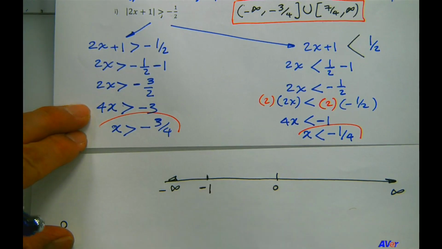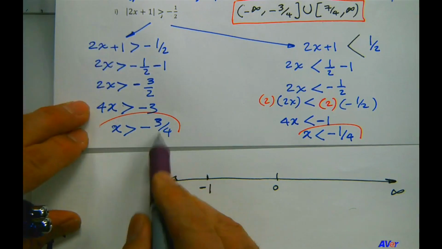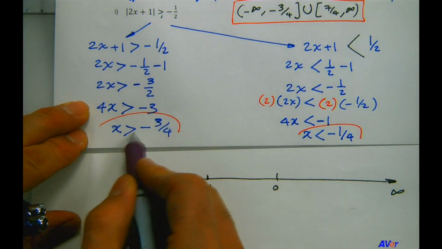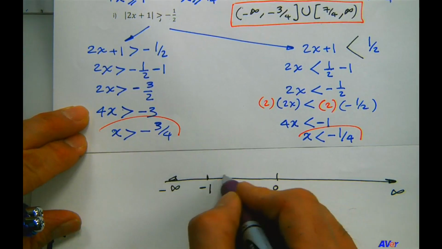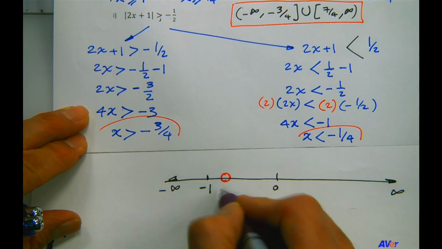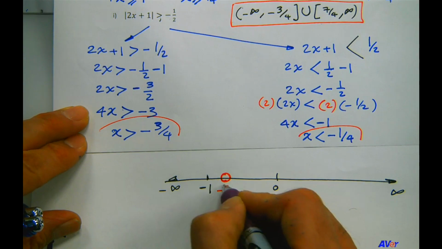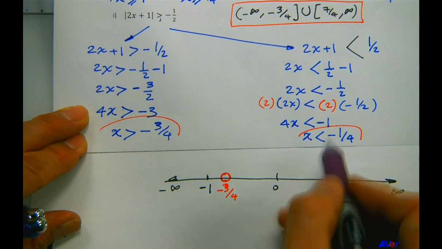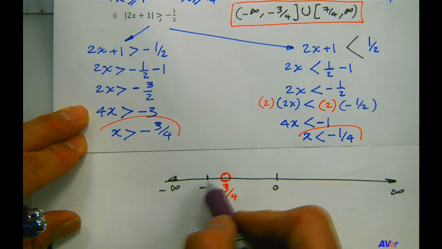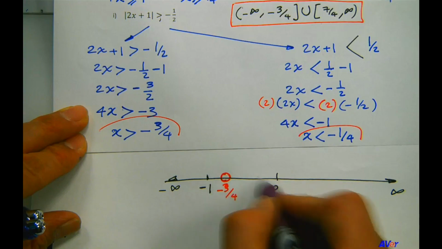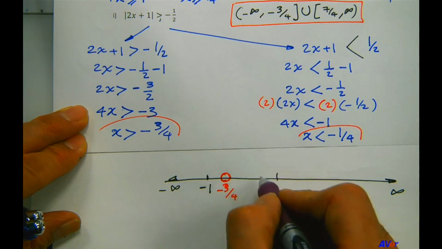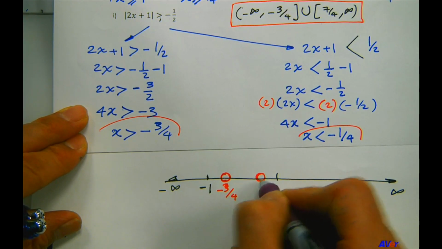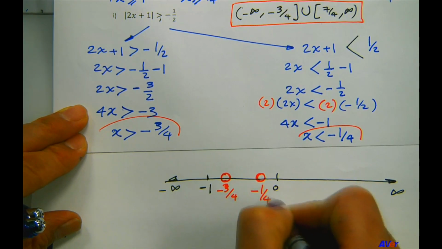Then negative 3/4 is right here, and because there's no equality under this, I'm going to put a hollow circle here and say that's negative 3/4, right? Right before negative 1. Negative 1/4 is a larger number than this, so it will be on the right side of negative 3/4. So let's say that hollow circle is negative 1/4.